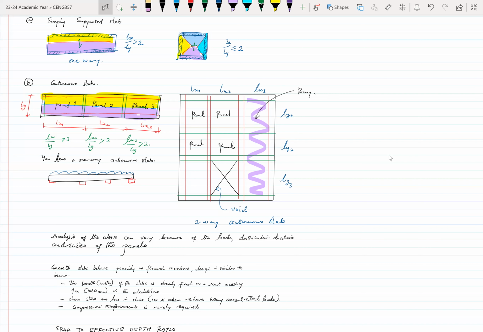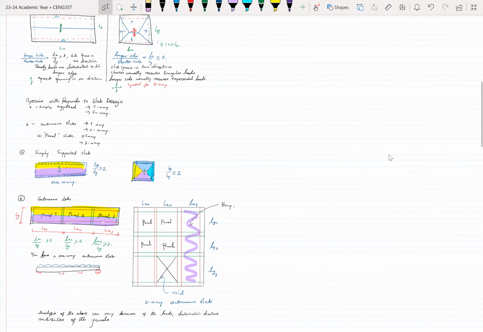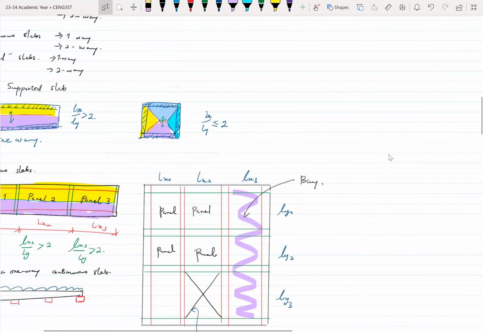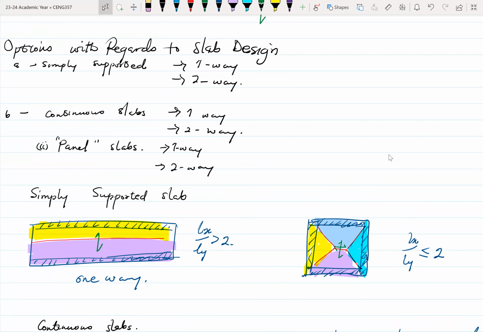Okay. So we mentioned that when it comes to slab designs, there are different ways by which you can look at it. So I started breaking that down into this format. Now we can have simply supported slabs. So let's say you have a wall, maybe you have a wall and a wall, and then you have your slab right over it.